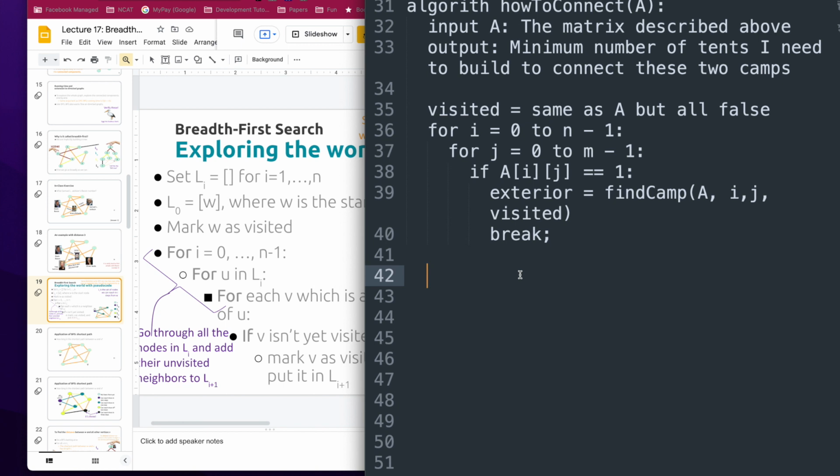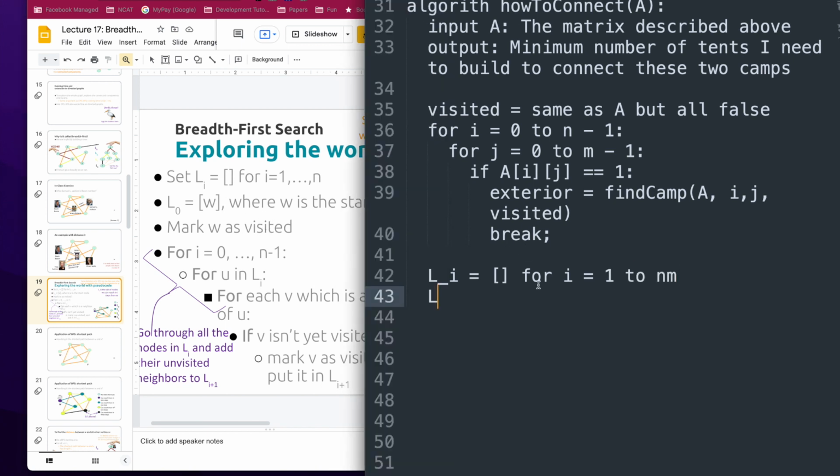So all the exterior nodes are exactly 1 away from being part of our camp. So the idea here is that you can imagine expanding your camp, and we're going to keep track of that. So let's say, again, Li is equal to empty for i equals 1, 2, up to nm.